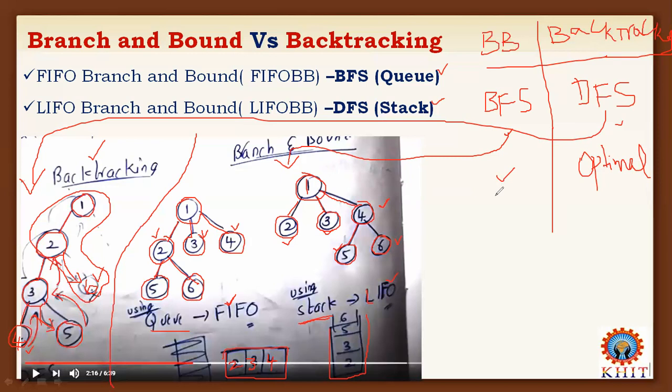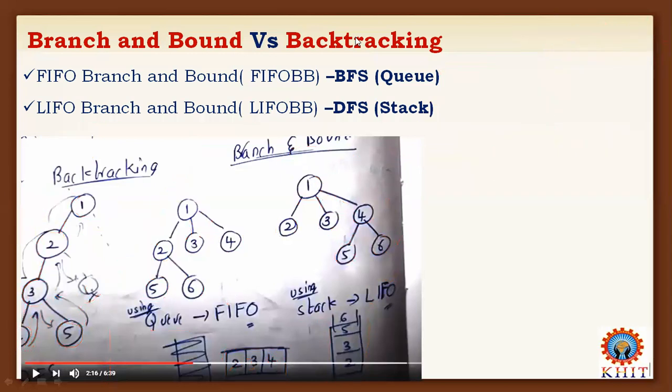Okay, so these are the main differences between backtracking and branch and bound. Students, you may expect one question in the university examinations: what are the differences between backtracking and branch and bound technique?